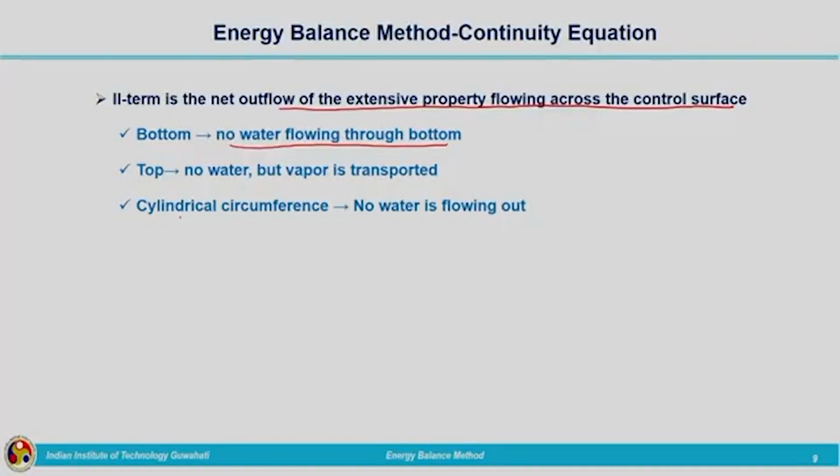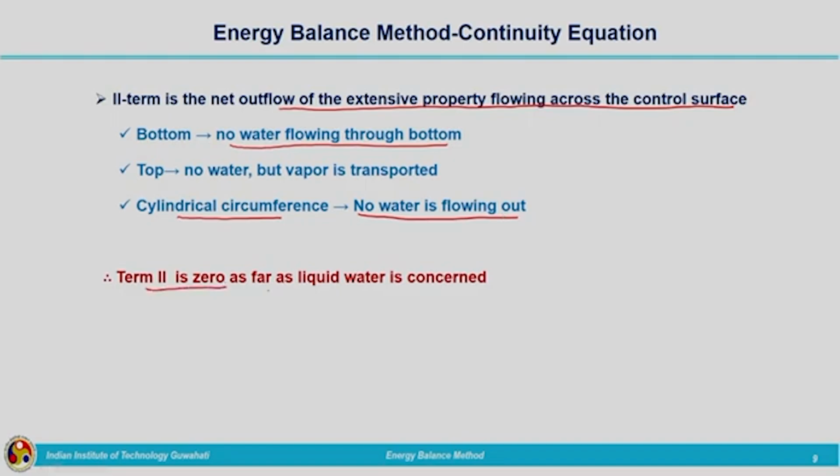There is a transformation of water to vapor and movement of vapor there, but as far as water is concerned, it is not flowing across the top surface. Talking about the circumferential area, the cylindrical circumference, no water is flowing out there either. Then we can conclude that the second term is 0 as far as the water is concerned.